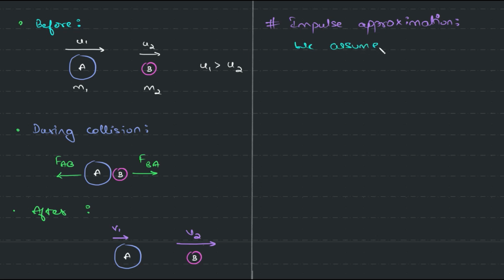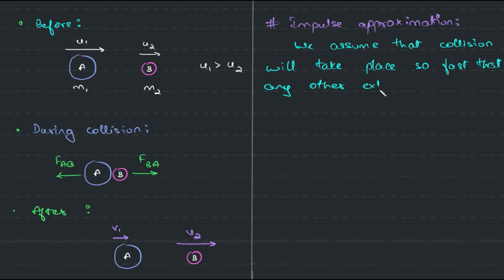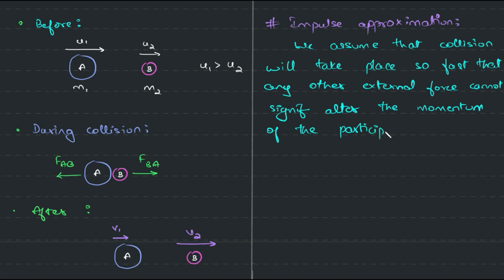So we assume that the collision will take place so fast that any other external force cannot significantly alter the momentum of the participants, or the particles or the objects, whatever you want to call them, during the time delta t.